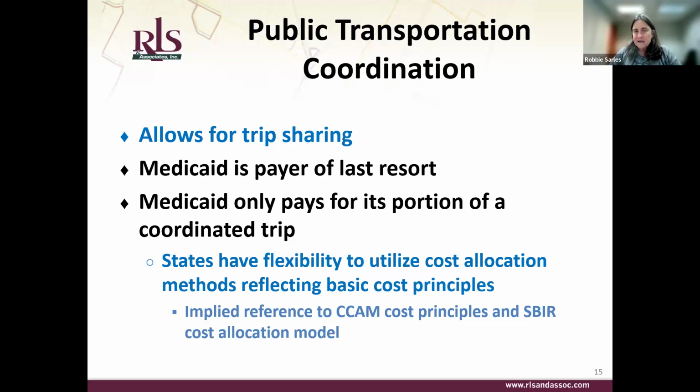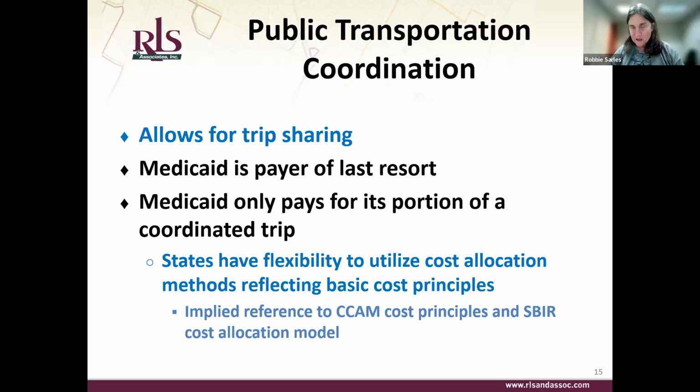And so what you need to know is that CCAM has been working with FTA and CMS for a number of years to come up with basic cost principles that both parties can agree to. And they have then agreed to essentially the basic parameters of what is being called the SBIR cost allocation model. You guys may have heard of that.